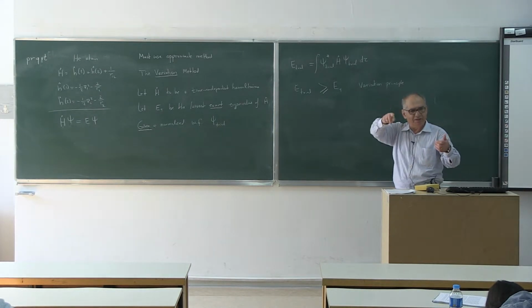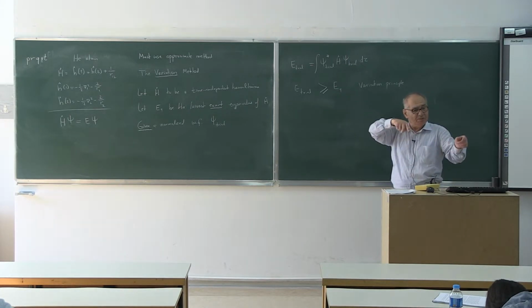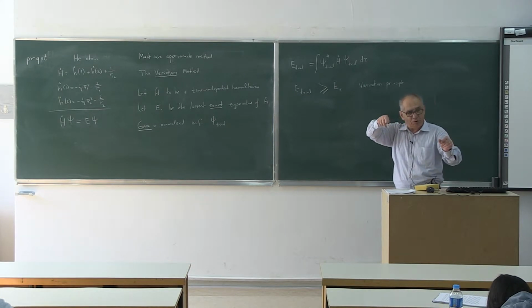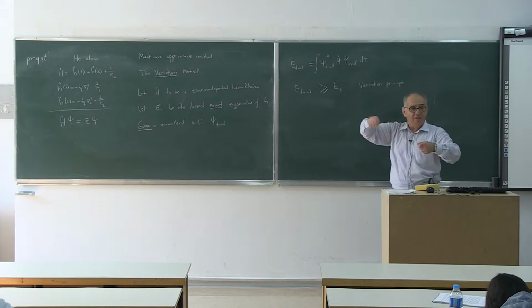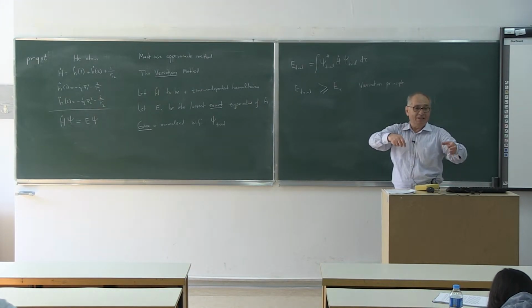We take the partial derivative of the E trial with respect to each unknown parameter, set it equal to 0, and then find the values of the parameters and use those parameters in psi trial to get the best value for the E trial.